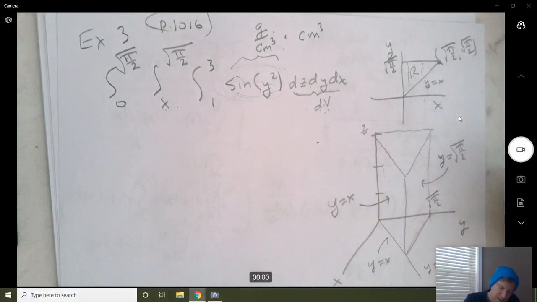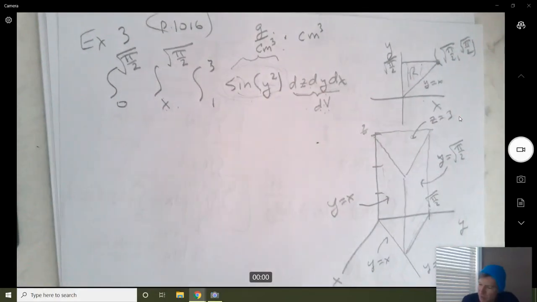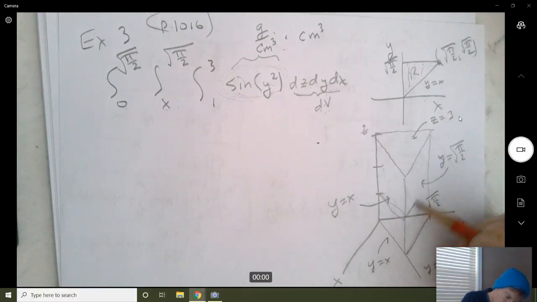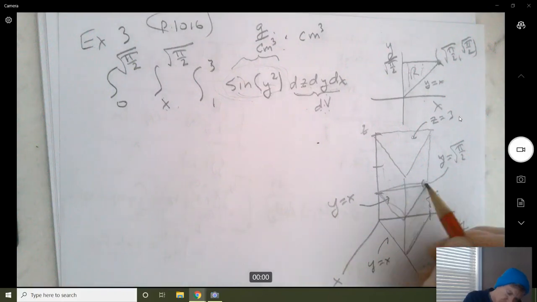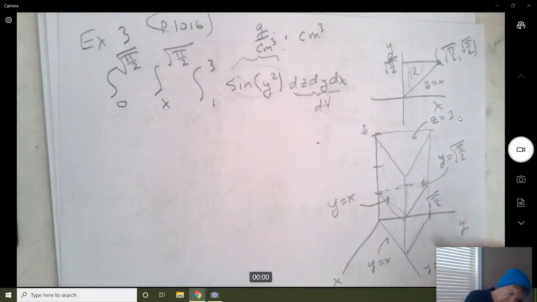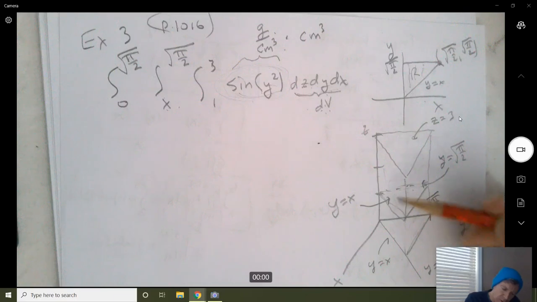This one is not. And this up here is z equals 3, and we want to go from z equals 1 to z equals 3. Maybe I'll dot that one so you can see that's in the back, and maybe we don't want to draw this in here. So we can see that we're only going from this down here to this here.